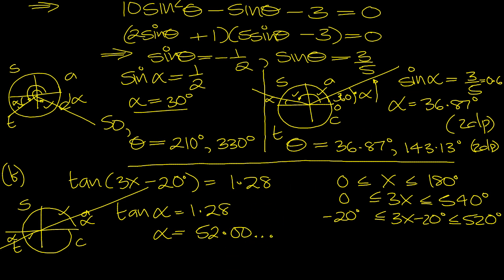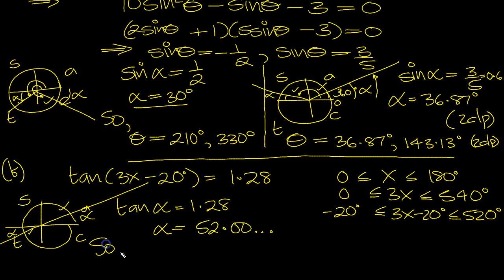So let's read off our solutions then. 3x minus 20 is equal to, now we need to write down the solution set. The first solution from minus 20 is about here, round to here, and that angle there is 52 degrees. We'll just leave it to the nearest degree here because I think everything will work out fine.